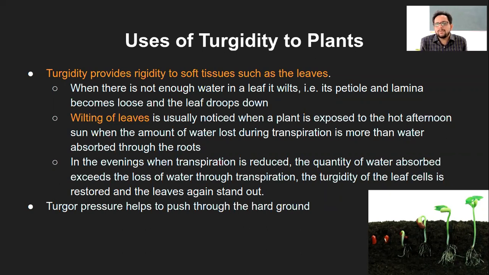Obviously a lot of water is lost in the transpiration process, and more water is lost than the water which is absorbed by the root. So obviously, if the output is higher and input is lower, the plant is going to face a crunch of water. In that case, there will be no turgid state of the cells, which ultimately leads to the wilting of the leaves.